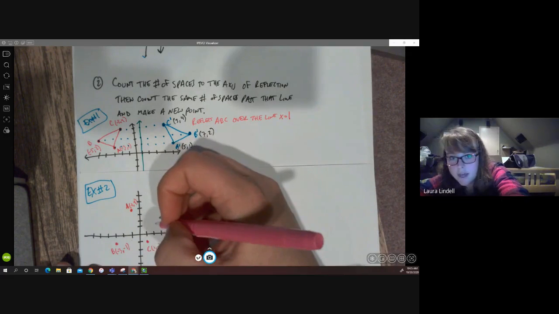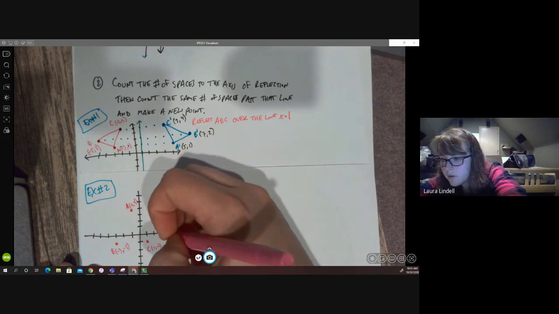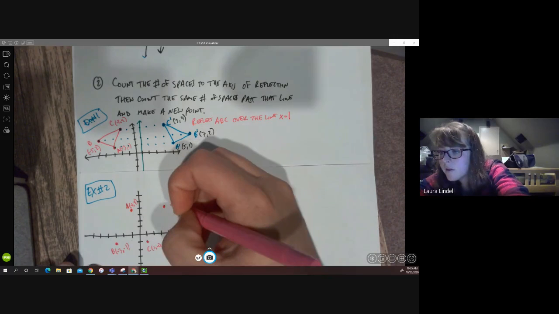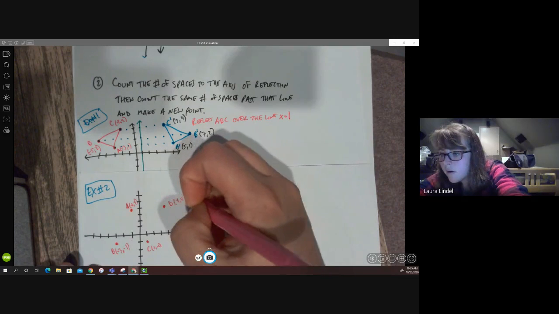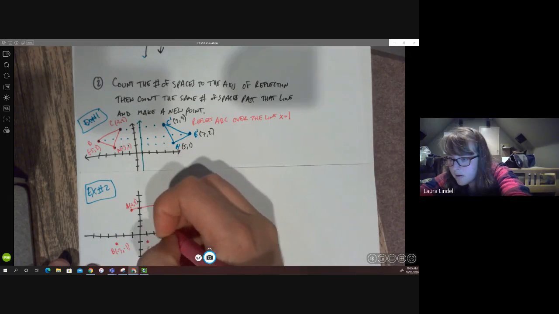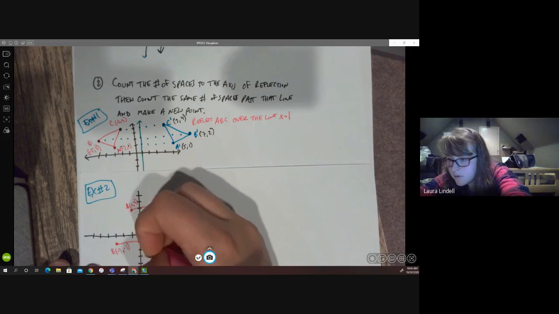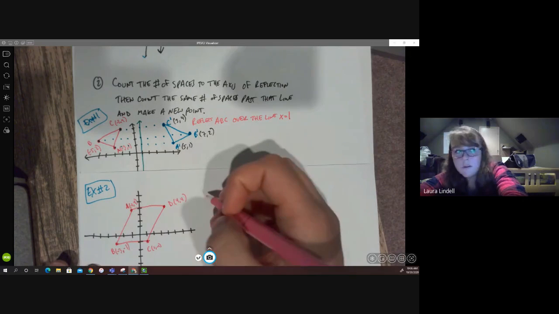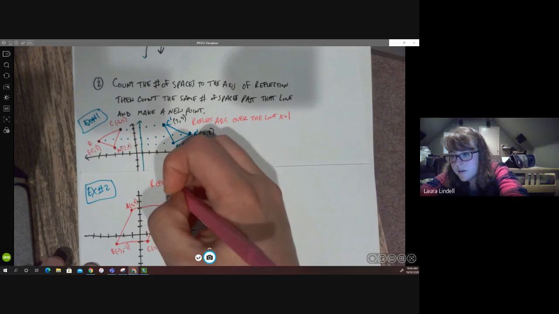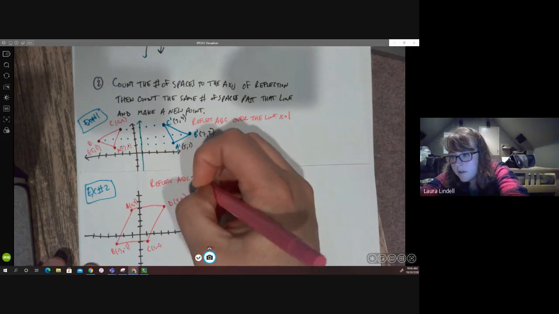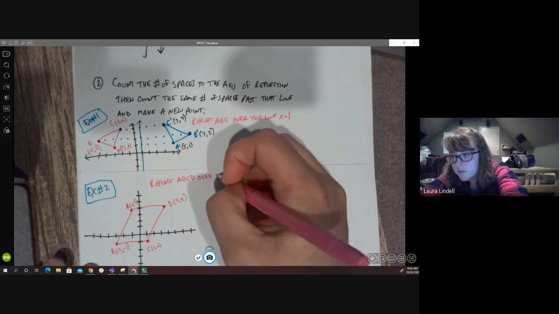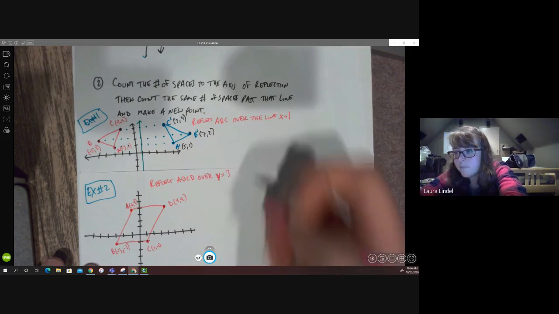And D is going to be at 4, 4. And our instructions are to reflect A, B, C, D over y equals 3.